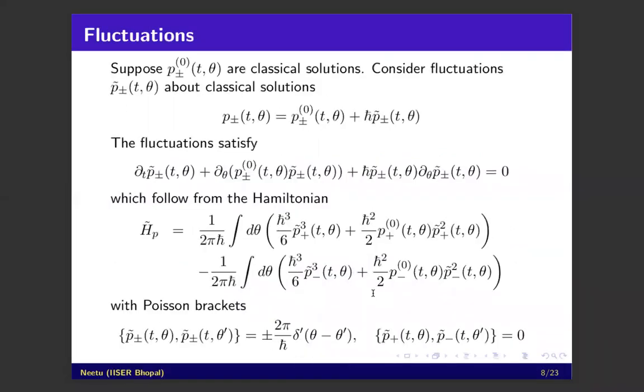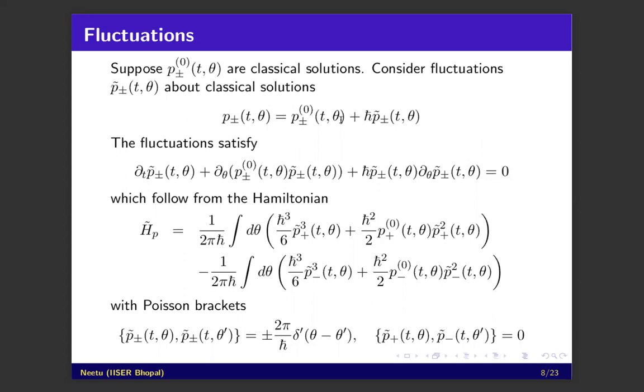So now that we know that we can consider our solutions to the matrix model as just upper and lower free Fermi surfaces, we can study fluctuations about those surfaces. So let p plus and p minus 0 be our classical solution. We consider some fluctuations, which I am denoting here by p plus minus tilde.